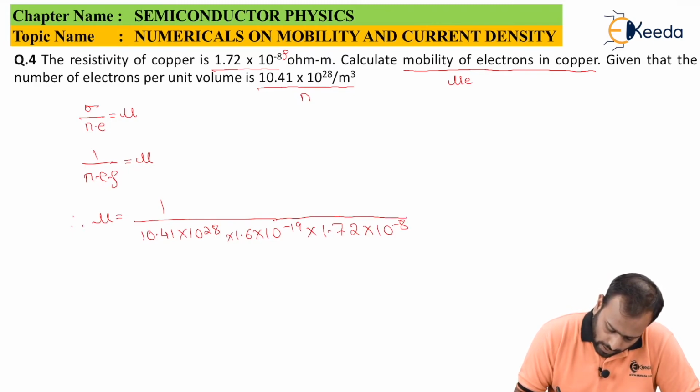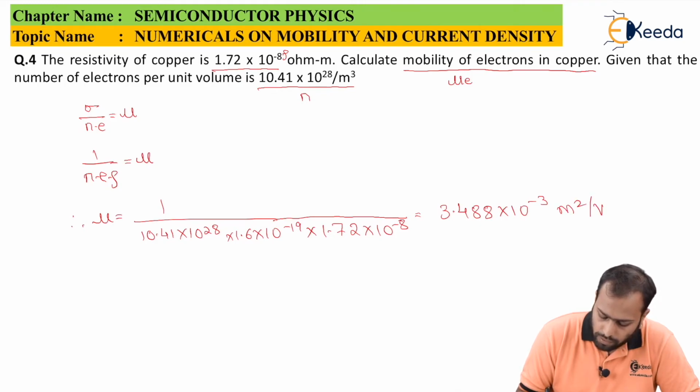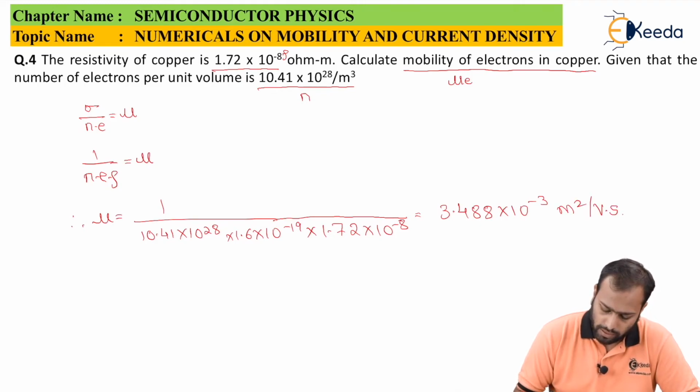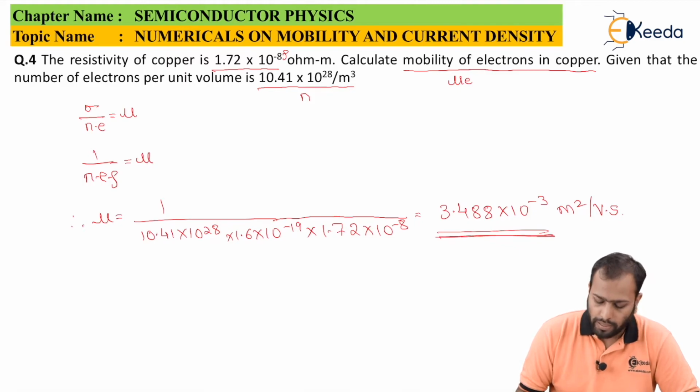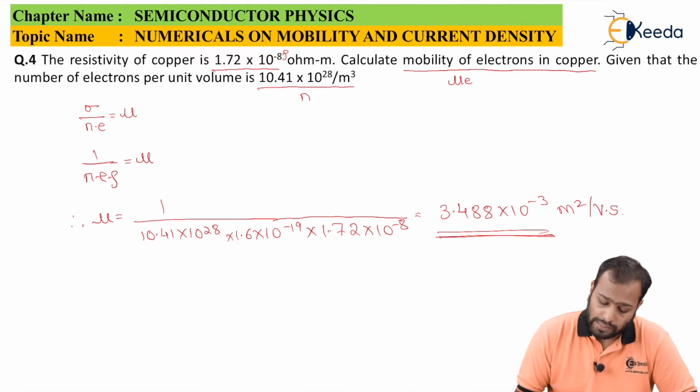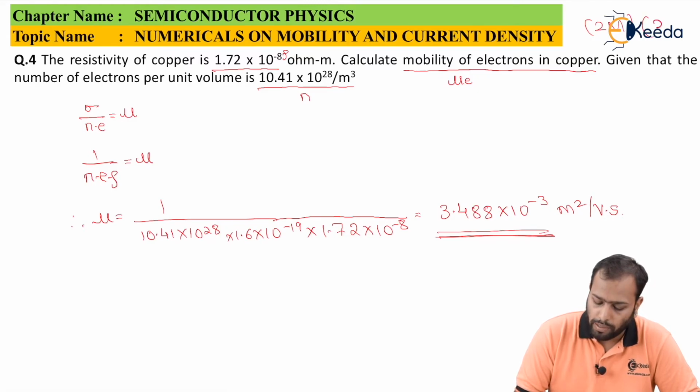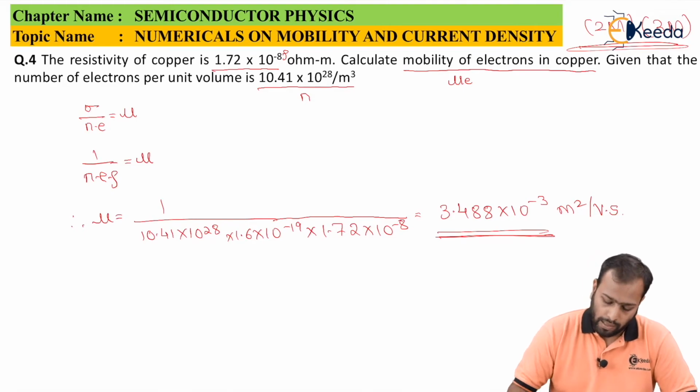On solving this, you'll get 3.488 into 10 to the power minus 3 meters square per volt second. So this is the mobility of electrons. This question can easily be asked for 2 marks or 3 marks, and it is easy to score. Let's move to the next question.